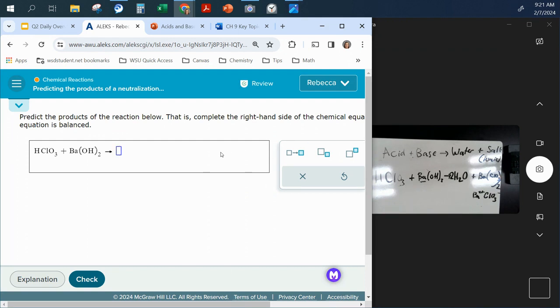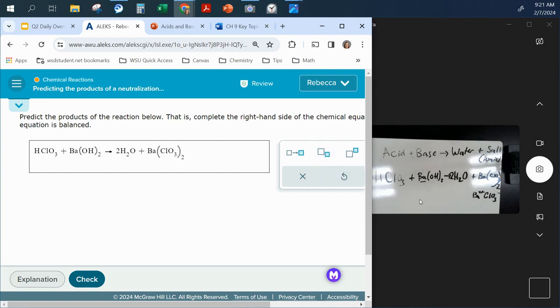So I'm going to go in here and put water. I have 2 waters actually. H2O. We've got barium chlorate. And I need 2 of those.